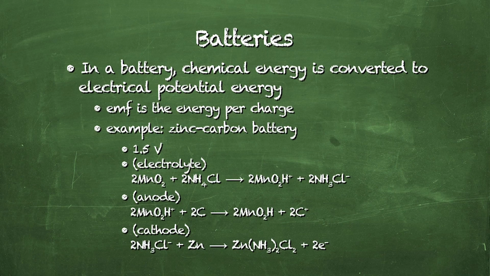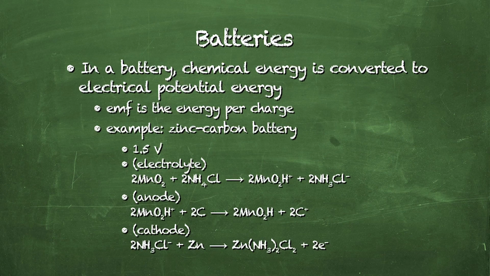If you've taken general chemistry, then you would have discussed this. 1.5 volts is the overall cell potential of these three reactions, which is determined from the reduction potential of the reactions and the oxidation potential of the reactions. The net effect of these chemical reactions is to pump electrons from the anode to the cathode.